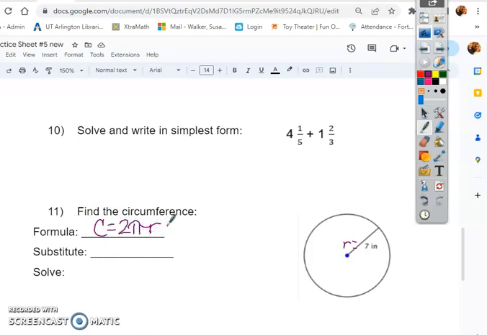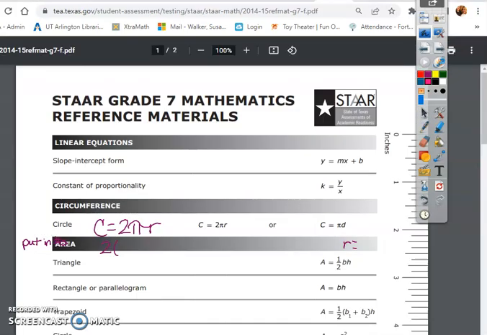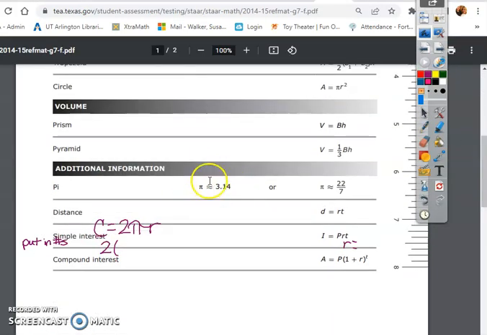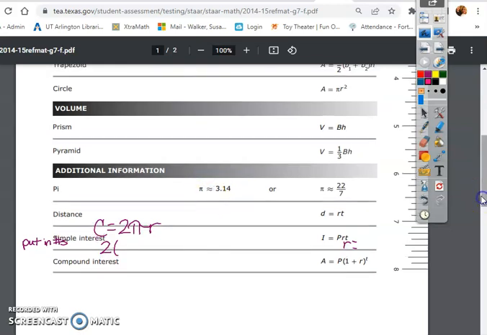And remember, then we always do substitute, which means put in numbers. So 2 times pi, remember that is on the formula chart. If I scroll down right there, it says it's about equal to, that's what we're going to use, 3.14.